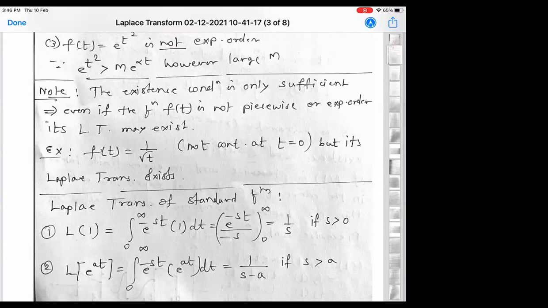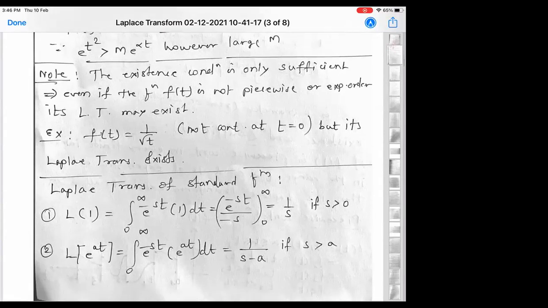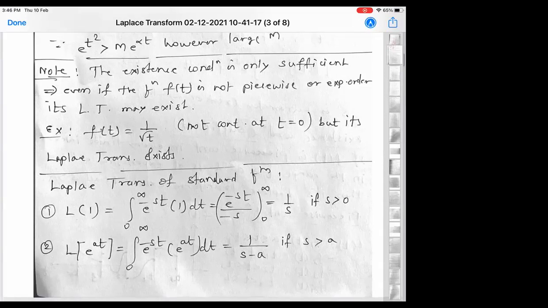So we only learn those functions which give the transformation by satisfying the conditions of piecewise continuity and exponential order. This is the theoretical mathematical part which students of pure mathematics have to learn. Your aim in your branch is, if you get some function f of t, how to apply the Laplace transform and get its answer as an outcome.